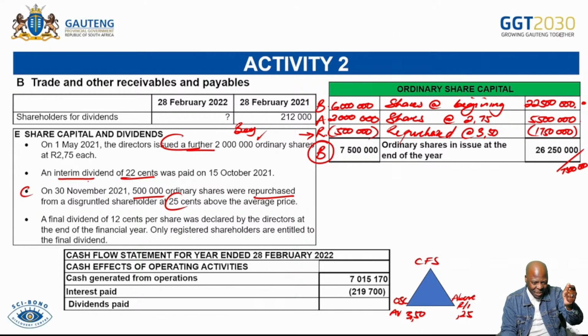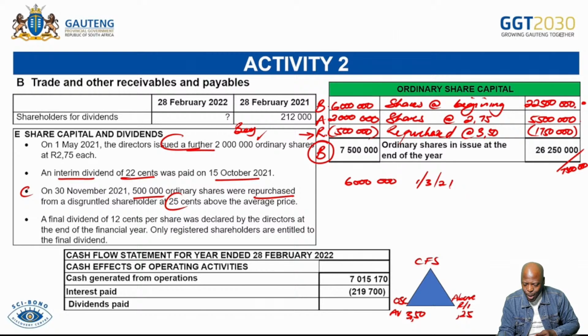So how do I get my interim dividend? I'm told it was paid on 15 October. So at the beginning, I had 6 million. 6 million was at the beginning, that is at the 1st of March 2021.